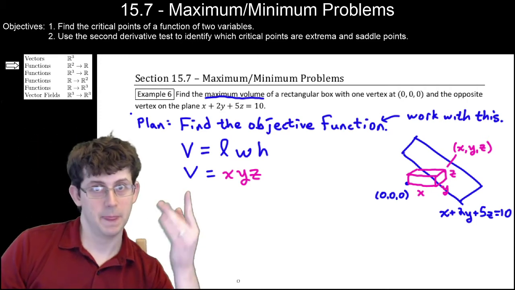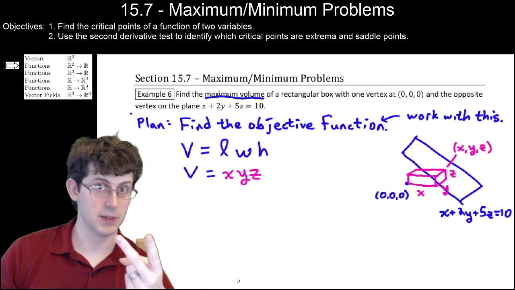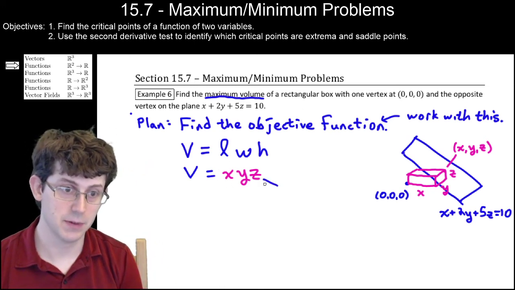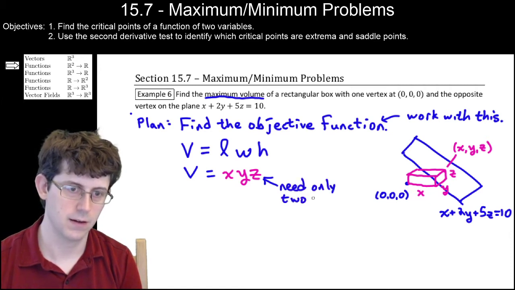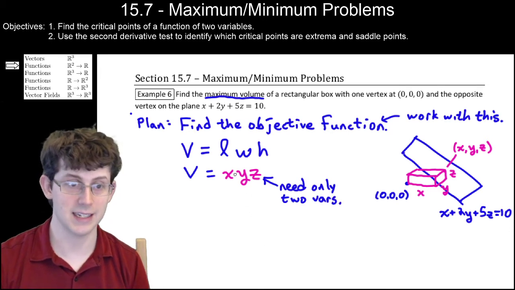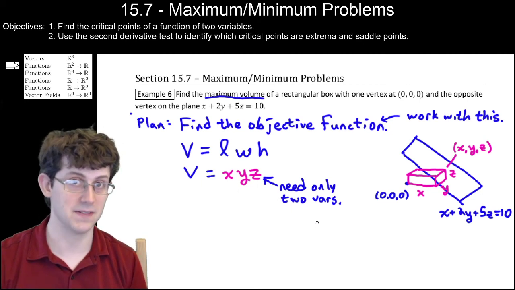Small problem. This method only works for functions of two variables. So we need this to be a function of two variables before we can continue. That means we will need to look at some other information in the question and get one of these variables in terms of the other two.